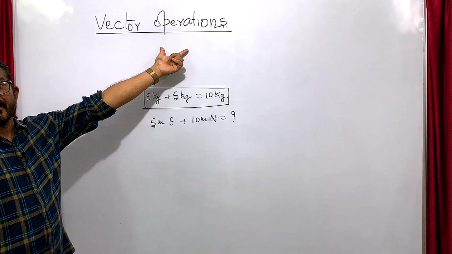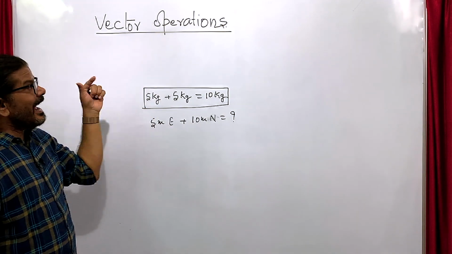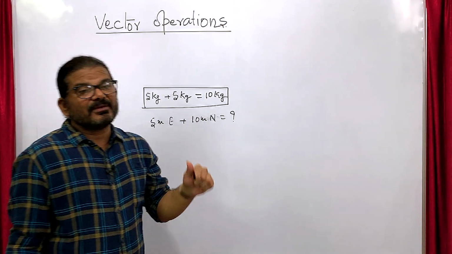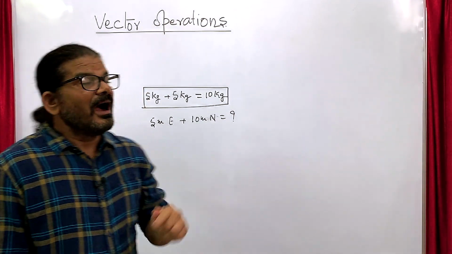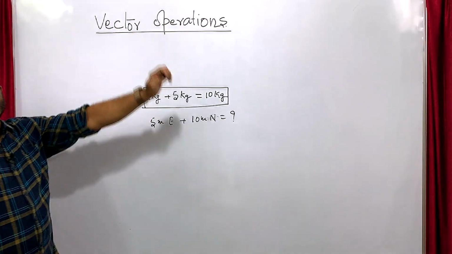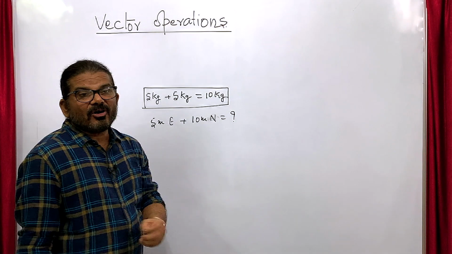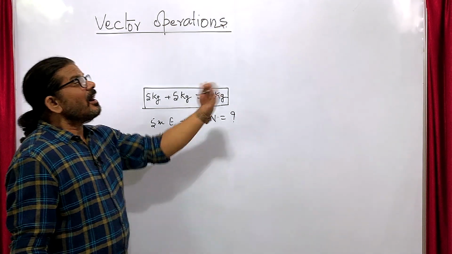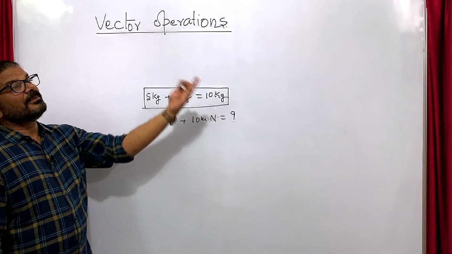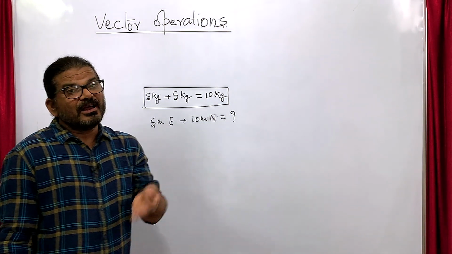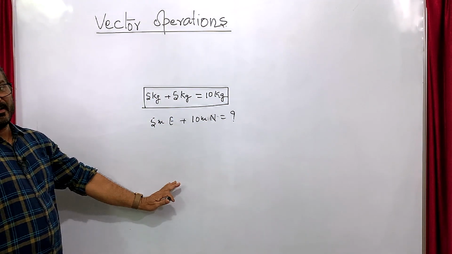We are going to study how we will add two vectors, how we will subtract two vectors, how we define the product of two vectors, and how vector division will be defined or not defined. We have to see this in this particular chapter.